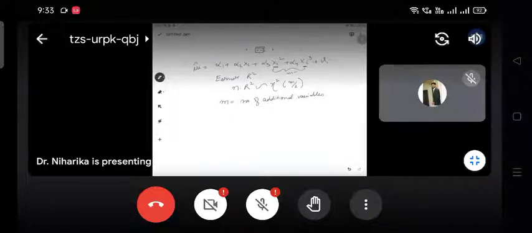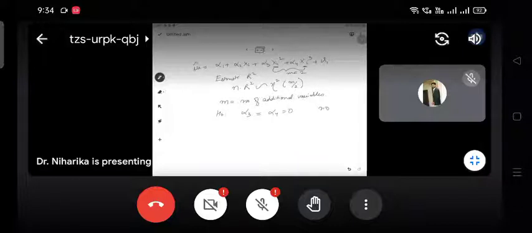So in this case m is equal to 2. Okay, so H naught is defined as alpha 3 and alpha 4 are equal to 0.